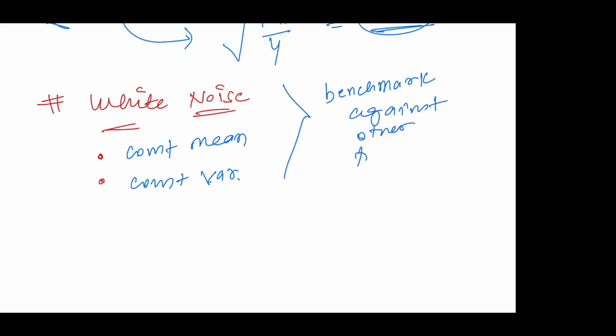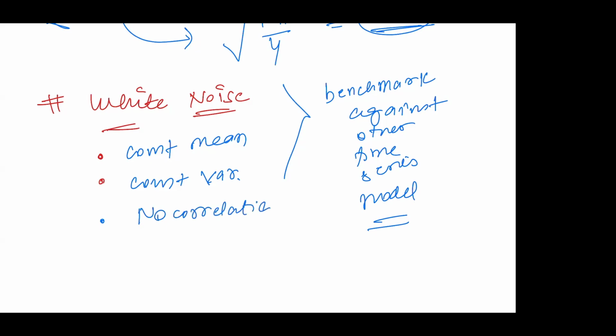What I mean by that is, whenever you are working on any time series model, people can ask, does your data have white noise? You'll say yes. What does that mean? It basically means it has constant mean and constant variance. Also, one more thing: in white noise, there is no correlation.